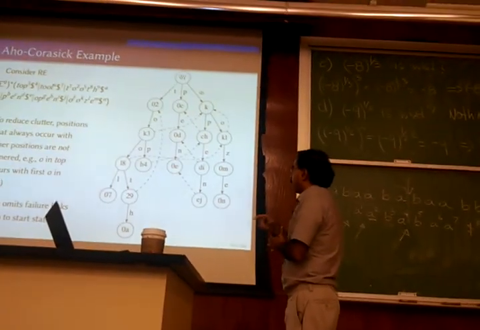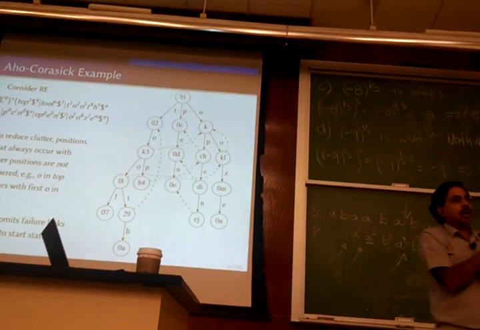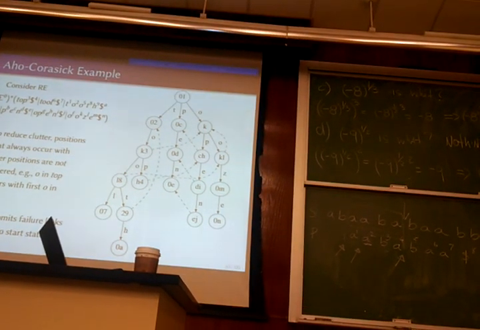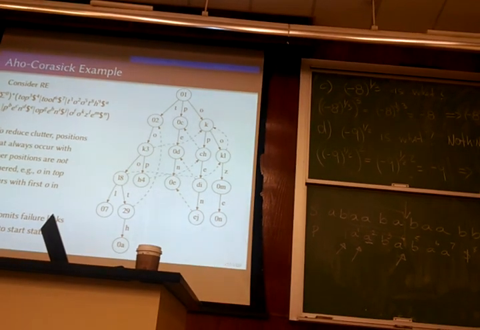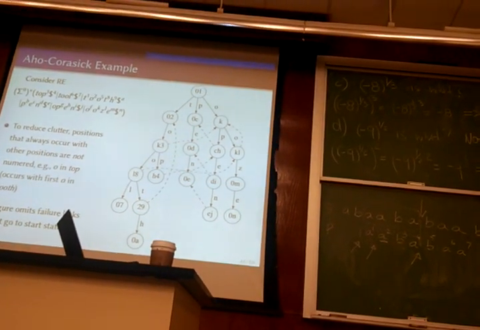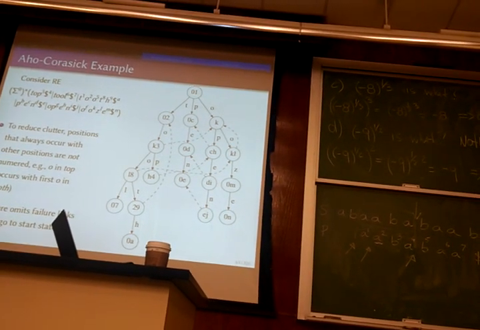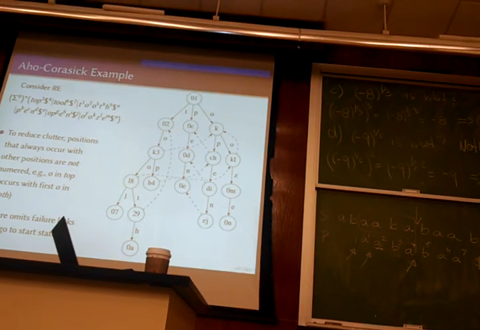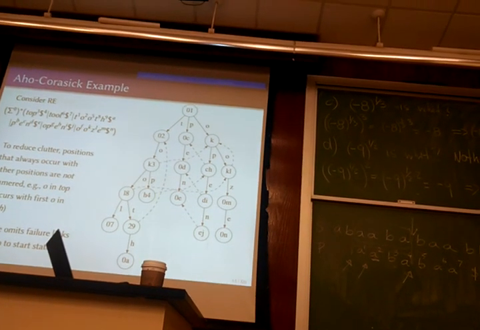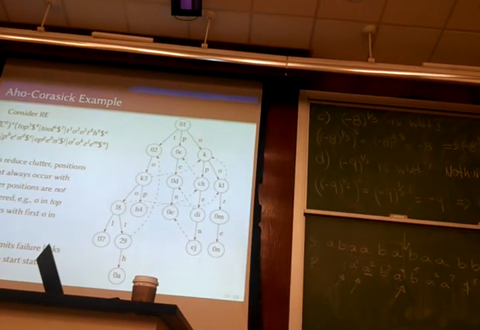What I've avoided is, for instance, if you look at the three words top, tool, and tooth, right? So the symbol T is going to be matched together for all of them, right? Which means that the T position will always occur together for all of them, right? So why give them separate numbers? Let me just give them one.